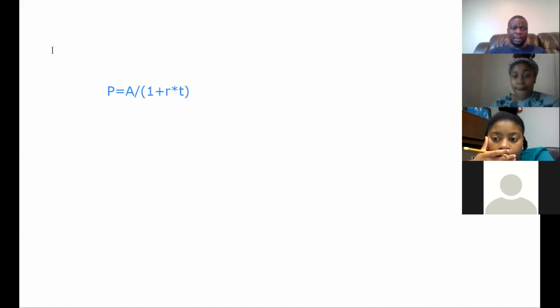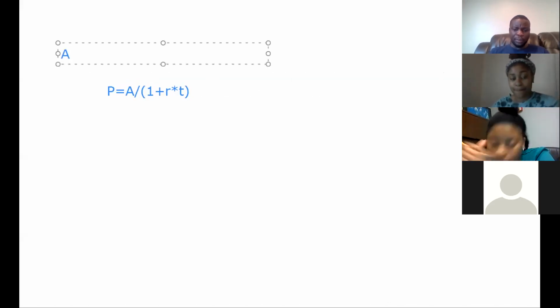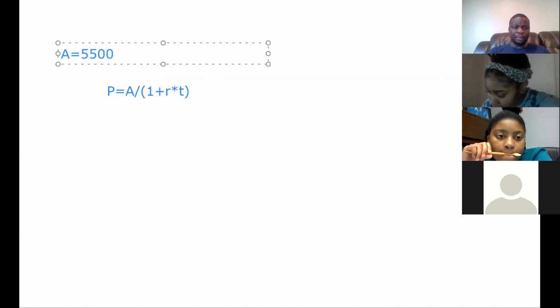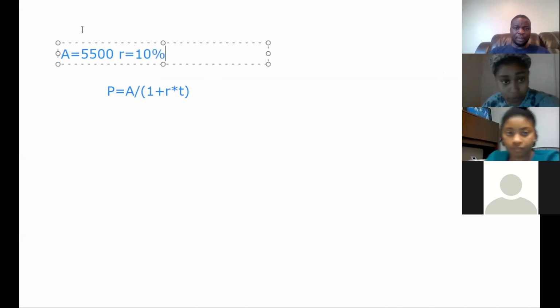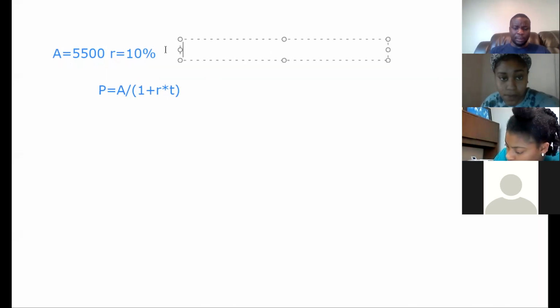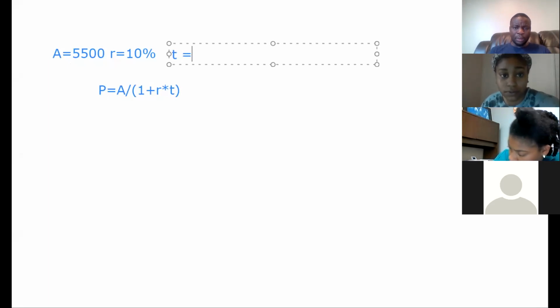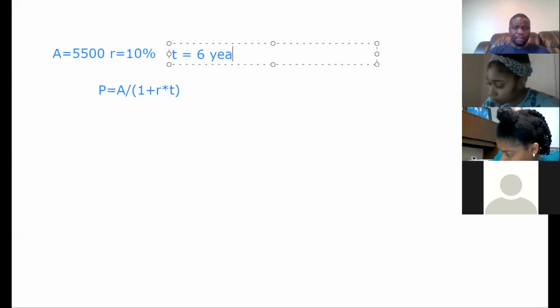Okay. So in this example, it tells us that A equals 5,500, R equals 10%, and it also says T equals 6 years.